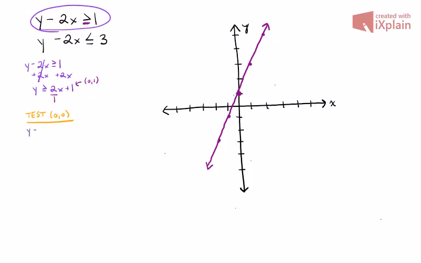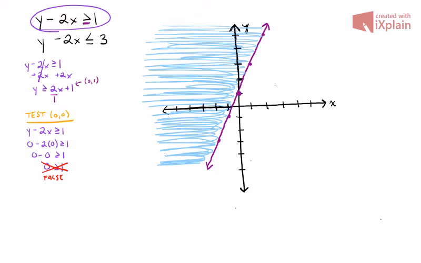So we'll reproduce y minus 2x greater than or equal to 1, substitute the point in for x and y, and then we're going to clean up the left side. 2 times 0 is 0, and then 0 minus 0 will also result in 0. So we have a statement that says 0 is greater than or equal to 1. And as we say that, hopefully we're like, nope, that's false. So that tells me that I should shade on the left side of the line. So we'll go ahead and we'll add that coloring in.